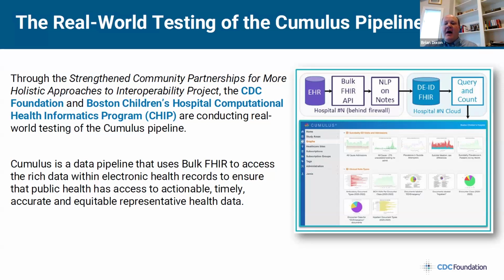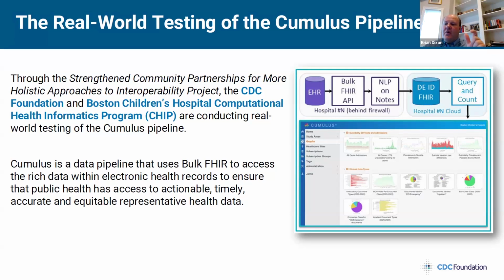In this case, the data start at the EHR, they come out of the EHR using Bulk FHIR, and then they are de-identified and reported up to the Cumulus platform, which is an open source platform where you can build tools and other things. It's part of the SMART on FHIR suite of applications.